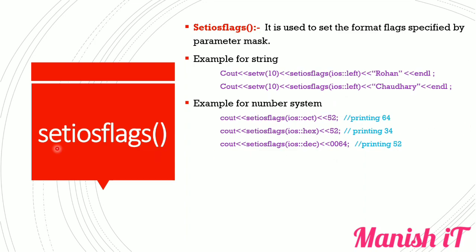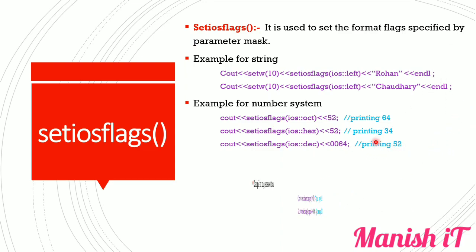For the number system we have to use cout setiosflags, and in that ios colon colon oct. I want to convert this number 52 into octal format, so it's simply printing 64. In the next line I want to print this 52 as hexadecimal, so it's 34. Next I want to print this octal number in decimal, so it's simply printing 52.